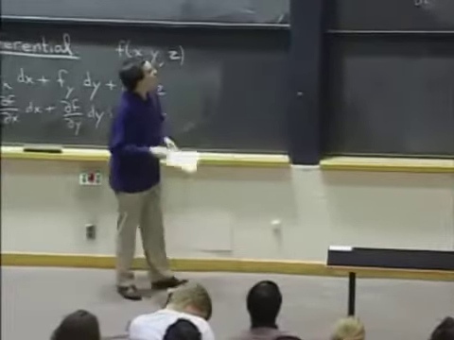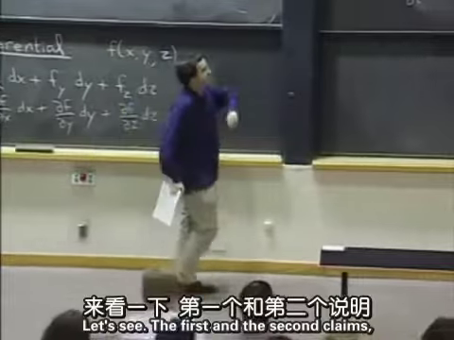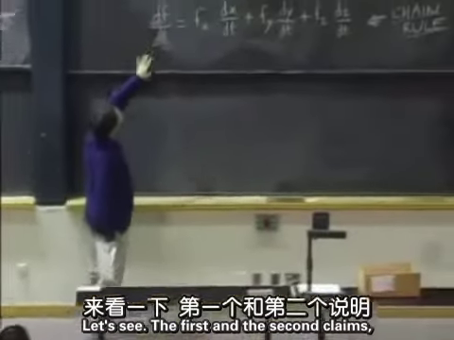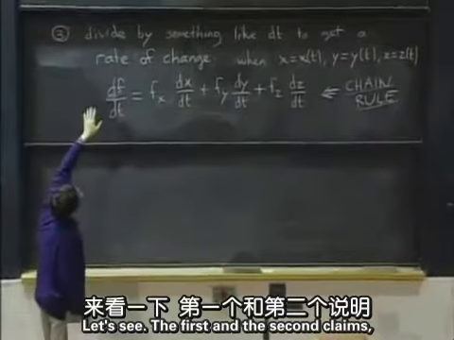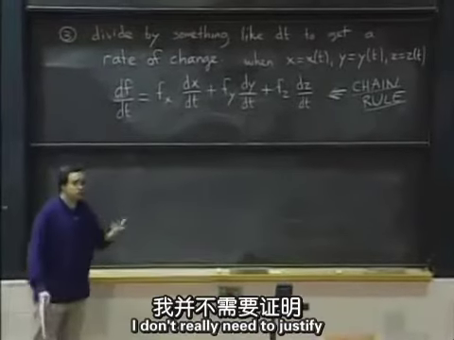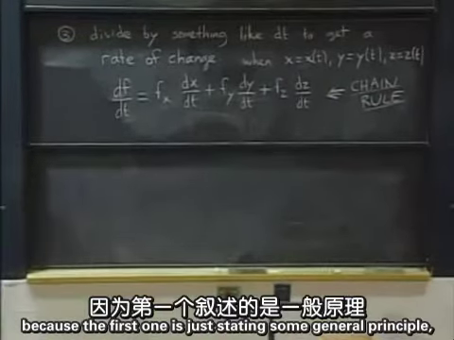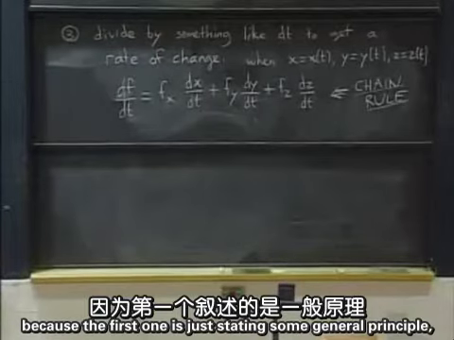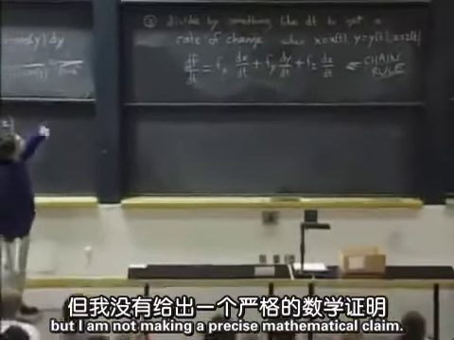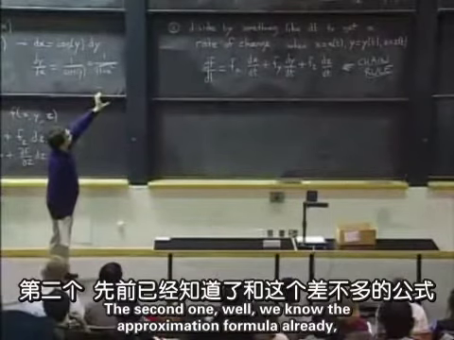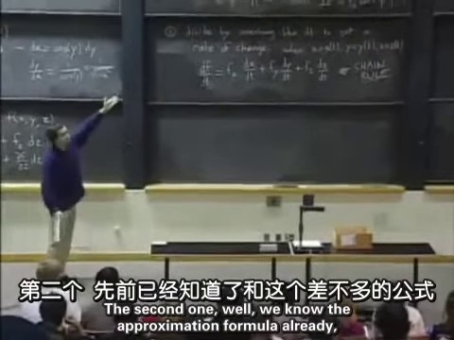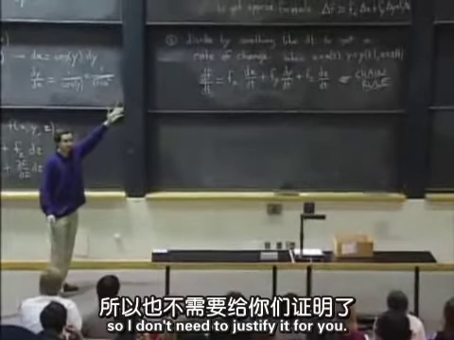Okay. So let's see. The first and the second claims I don't really need to justify, because the first one is just stating some general principle, but I'm not making a precise mathematical claim. The second one, well, we know that approximation formula already, so I don't need to justify it for you.